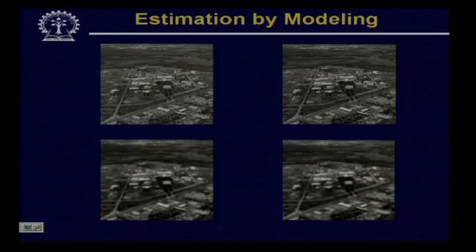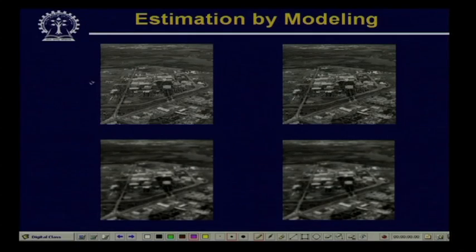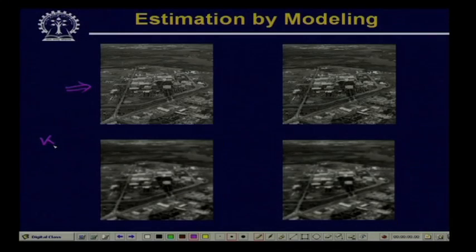In this particular case, we have shown 4 images. The top left image is the original one, and the other 3 are degraded images which have been obtained by using the degradation model that we have just stated. In that degradation model, e to the power minus k (u square plus v square) to the power 5 by 6, it is the constant k which tells you the degree of the degradation, or the intensity of the disturbance.